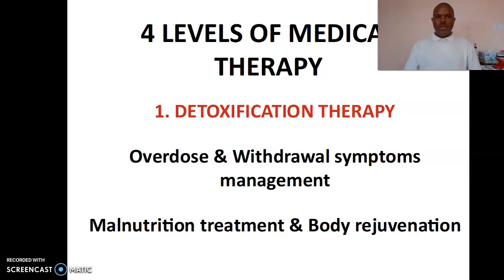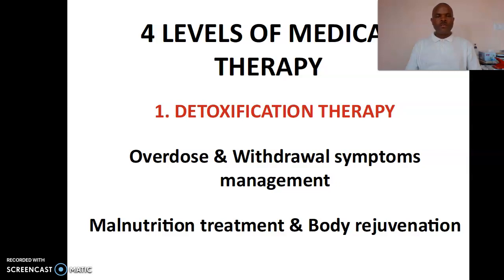And when we are doing detoxification therapy, there are two main objectives. We want to prevent withdrawal symptoms from developing and treat any overdose, because some of the patients brought may already be overdosed, and we need to reverse that. Withdrawal symptoms are these symptoms that come because you have missed your drug of addiction, which you take on such a regular basis that if you miss, you exhibit symptoms.